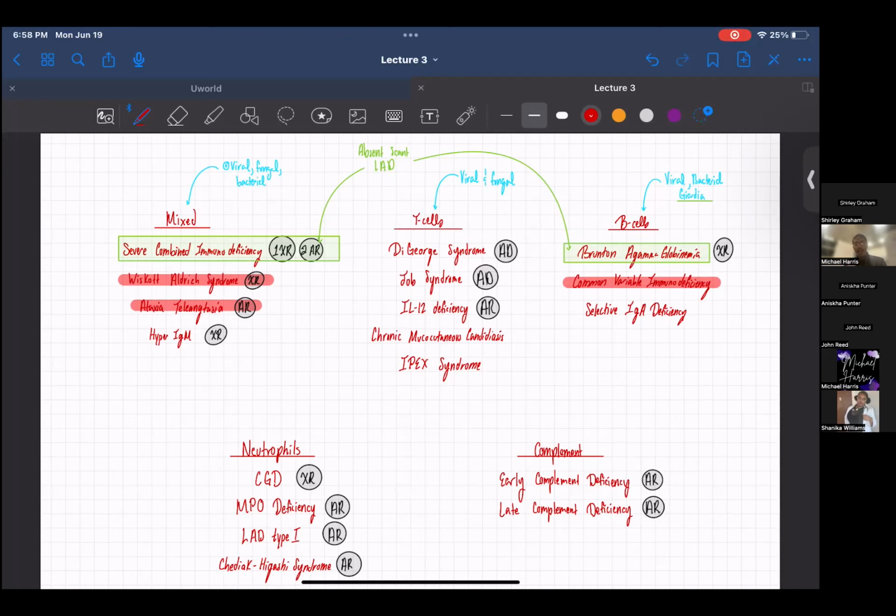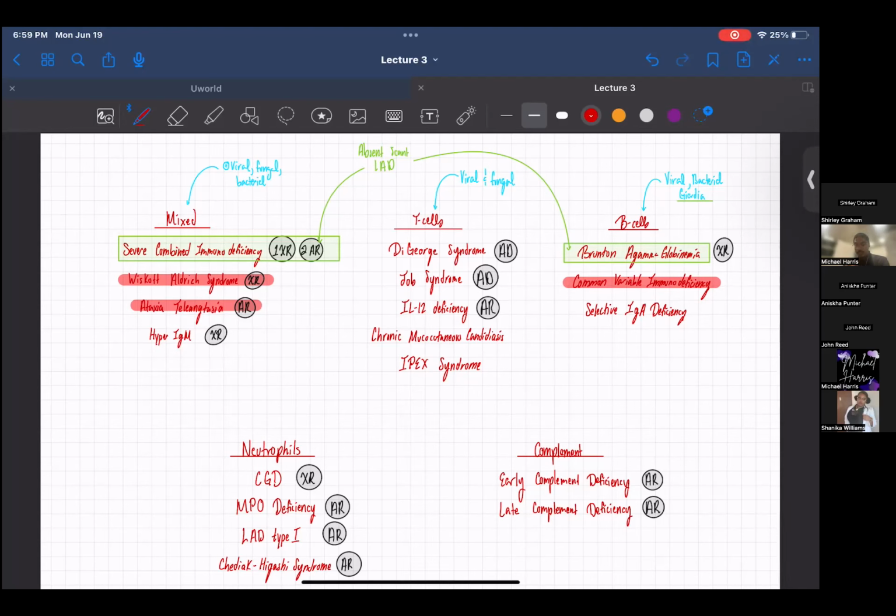That is why, when you have damage solely to T cells, you end up with increased virus infections and increased fungal infections. You do not have an increase in bacterial infections.